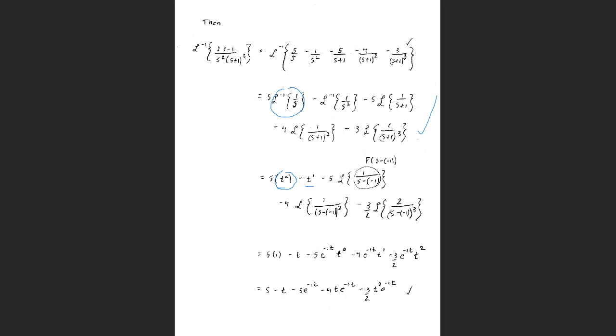It's t to the 0th power. The inverse Laplace transform of 1 over s squared is t to the 1st power. That's what we're doing. And then for the last 3, I rewrite the expressions.